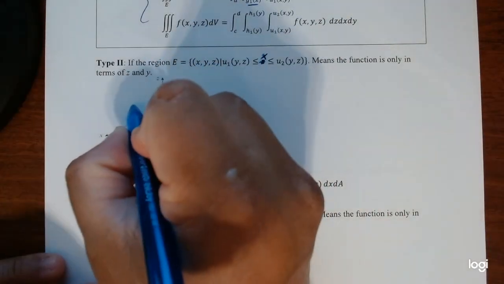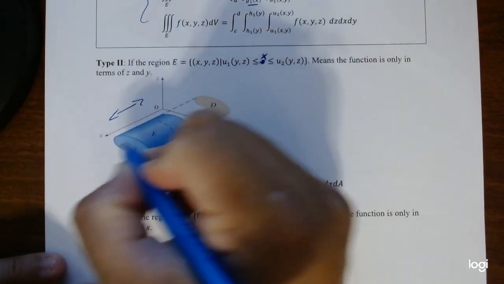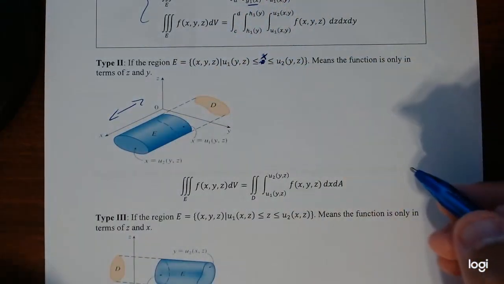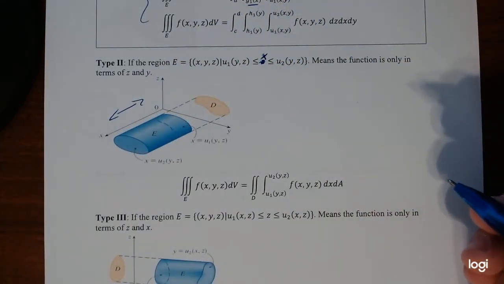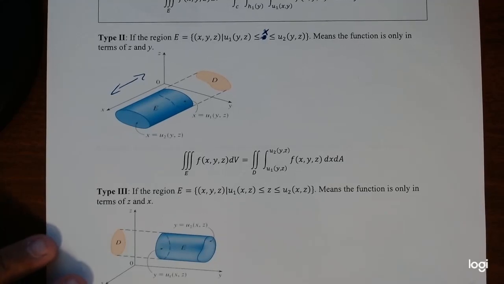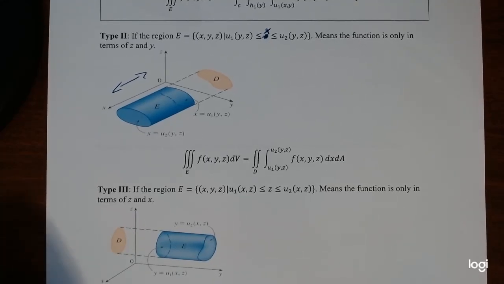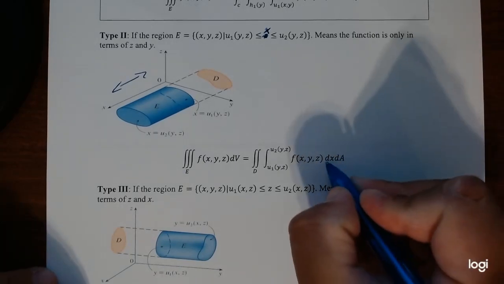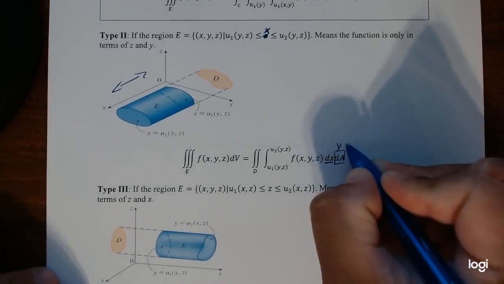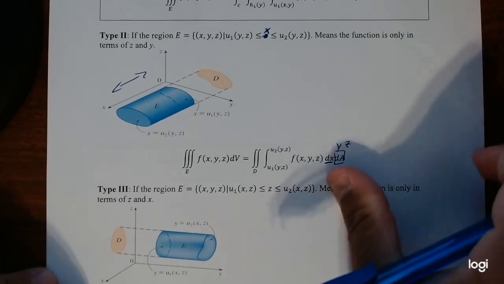So these surfaces go along the yz plane this way, because everything else is in terms, so you get x being constant. Okay. Well, same process, right? You take the integral with respect to x first, and then dA is either y next or z next, or wherever you go from there.